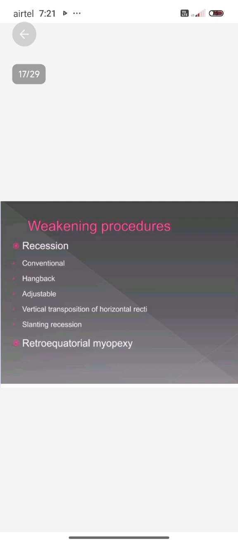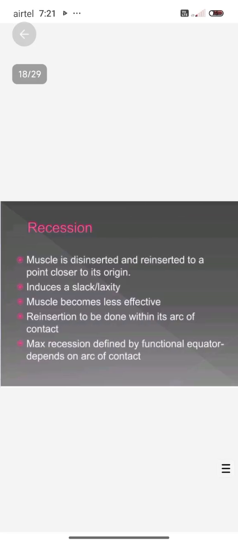Weakening procedures: recession, conventional hang-back, adjustable, vertical transposition of horizontal recti, and slanting recessions. Recession: muscles are disinserted and reinserted to a point closer to the origin, induced by sacroelastic muscles becoming less effective.